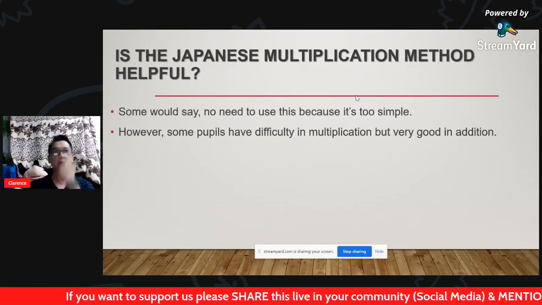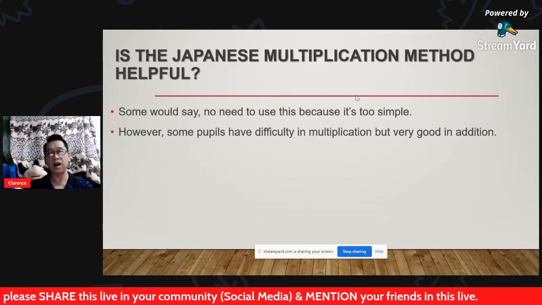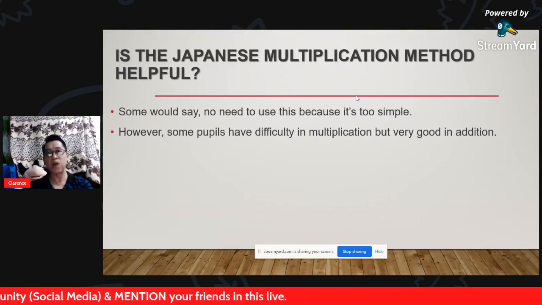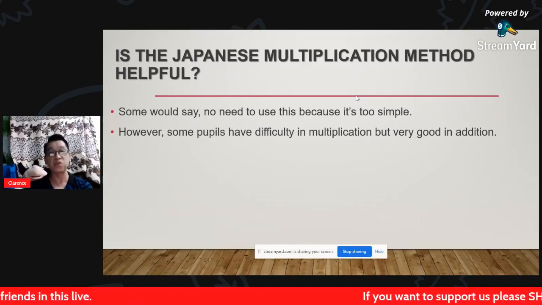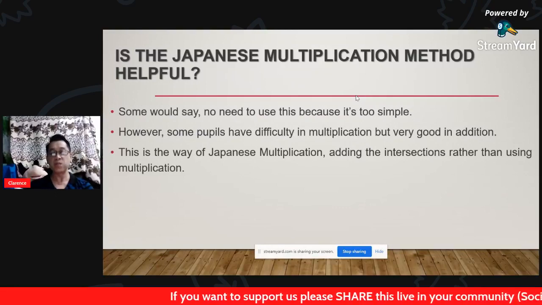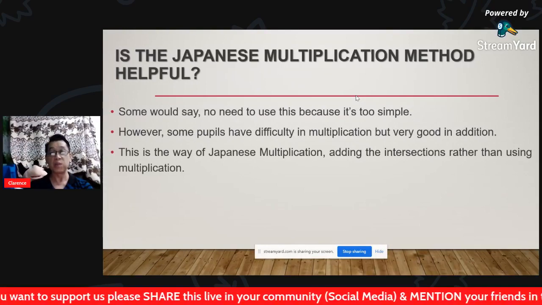So I think most of the students use this addition of numbers to come up with their solution in multiplying numbers. This is the way of Japanese multiplication, adding the intersections rather than using multiplication.